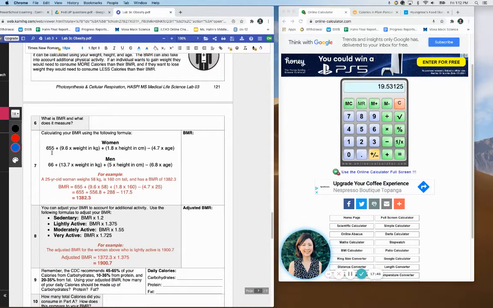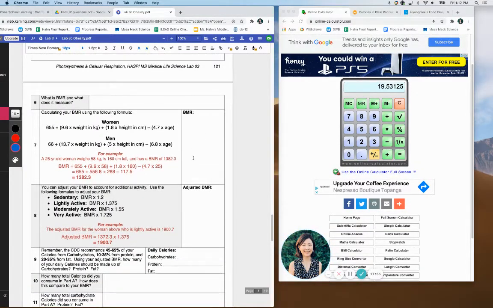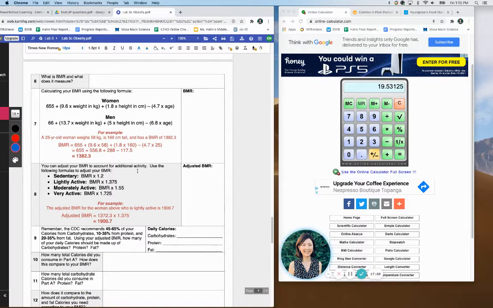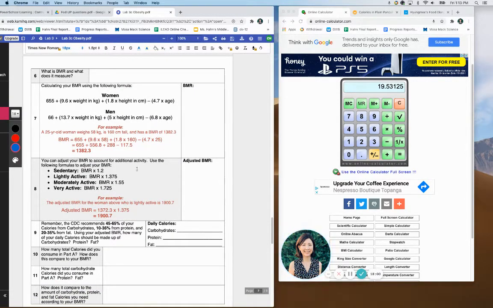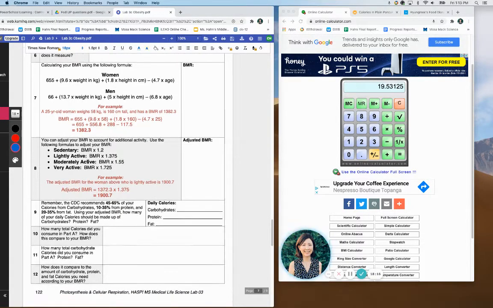So you're going to take these numbers, plug in your weight in kilograms, your height in centimeters, and your age, and you should be getting your BMR. And then you are also going to multiply it by these numbers depending on how active you are, because if you're very active, your metabolic rate will be higher even when you're resting than if you're just sitting all day.